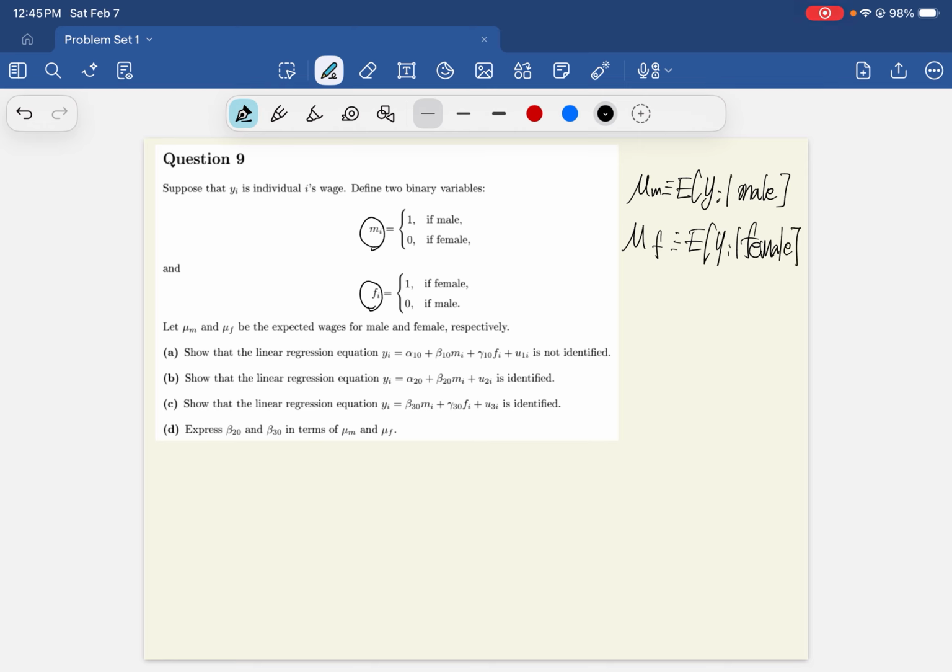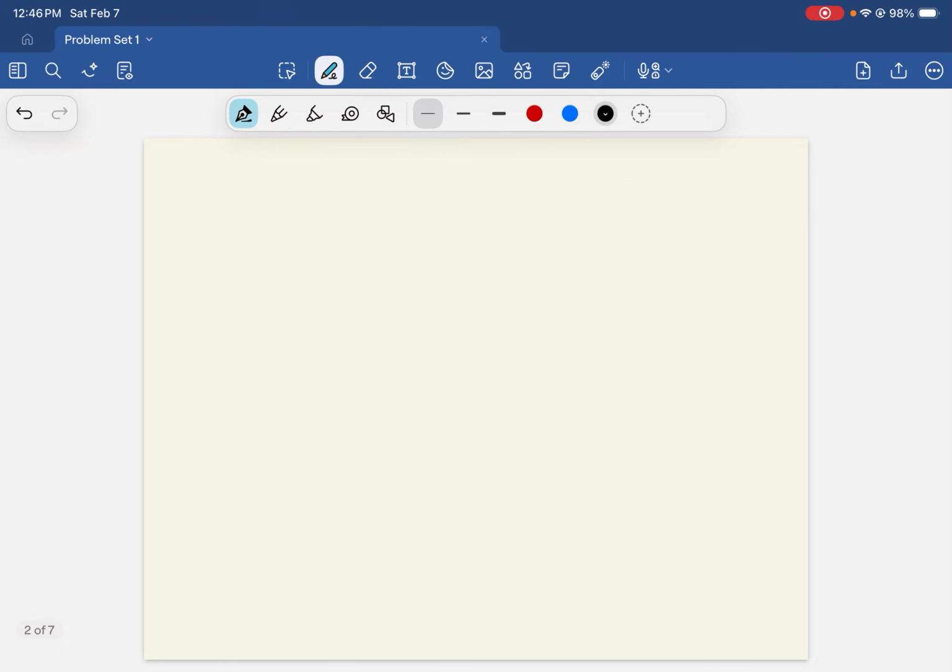First, let's see why this does not work. A, think about this model, why it's not identified. You may say the same thing in different ways.